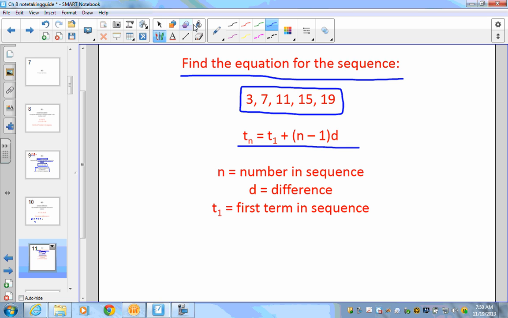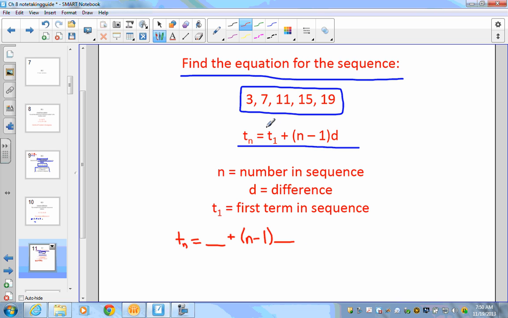There is some algebra involved, but very minimal. We say T of n is equal to blank, which represents my first number, plus n minus 1 times blank again. The reason I put in blanks is that those are the only two numbers that need to be plugged into this formula. Everything else stays the same.